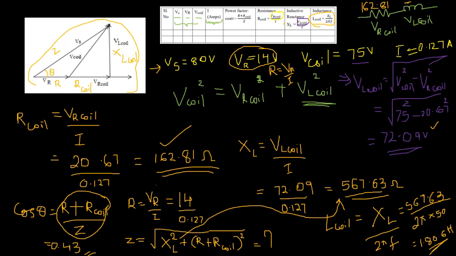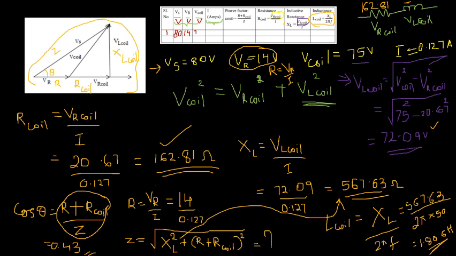If I want to write down the values I have obtained, for the first case I will write serial number 1. For the first case I have considered the value of Vs as 80, in units of volts. VR, the reading I have obtained, is 14 volts.